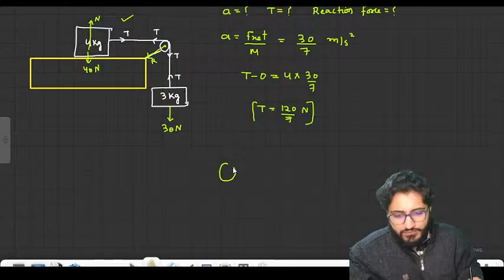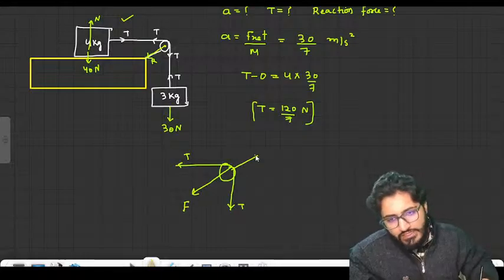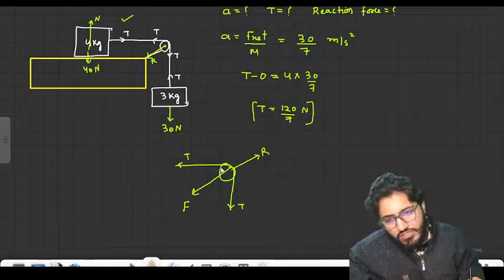Now look. Tension T, tension T. This is my force. To tackle this force, I have one more force, it is R, the reaction of this force. Two forces are acting at 90 degrees. It will be 2F cos theta by 2.